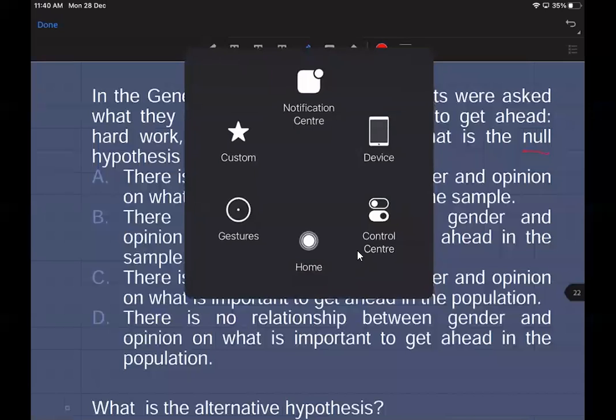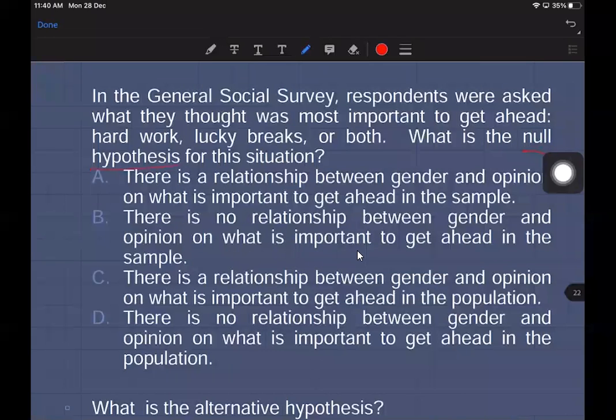Remember, the null hypothesis usually says no relationship, not related, or independent. So we read A, there is a relationship. Wrong. A is wrong. There is no relationship. Okay, this is correct. So we will look at the answer later on.